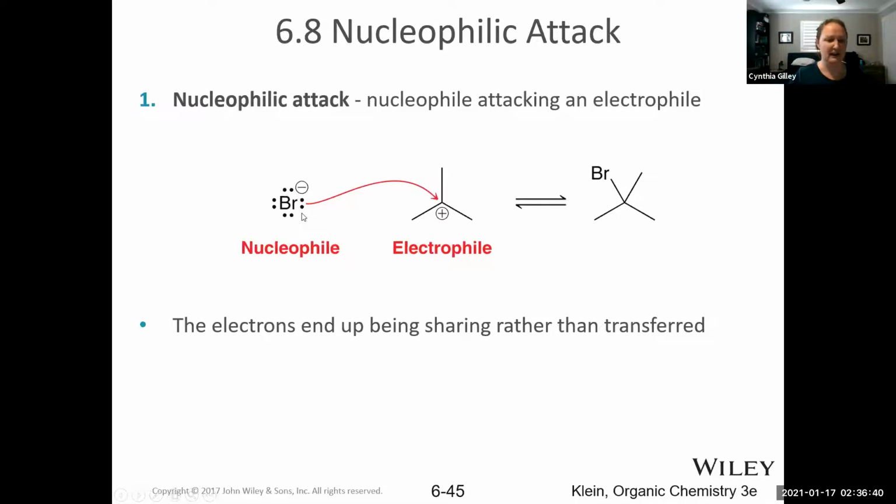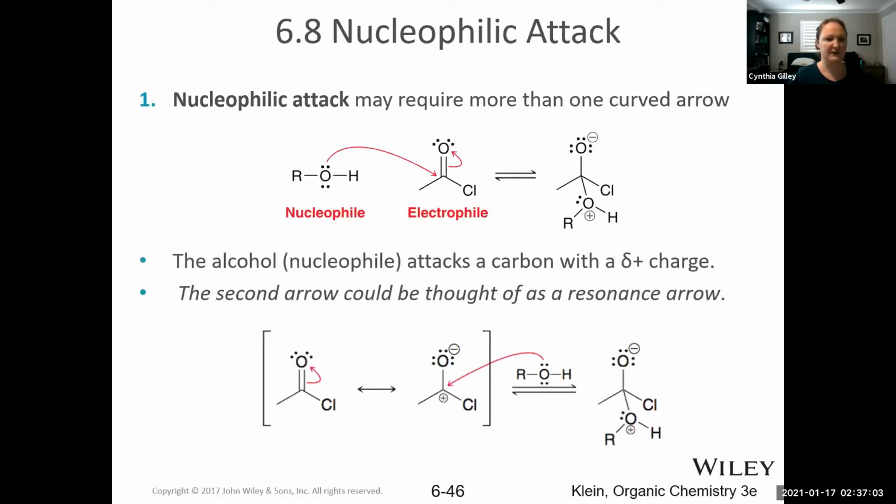Again, it could be a sigma bond or a pi bond. And it is going to point directly at an atom if it wants to signify the formation of a sigma bond with that atom. And thus we have a reaction that has generated a new product. The electrons, because they're going to be part of the sigma bond, are shared and not transferred.